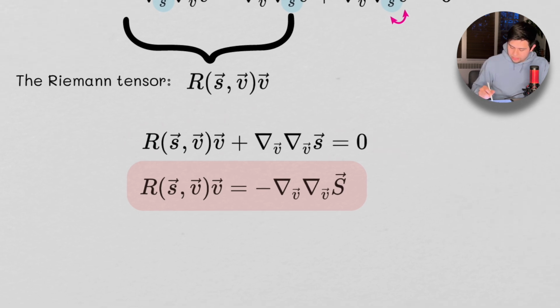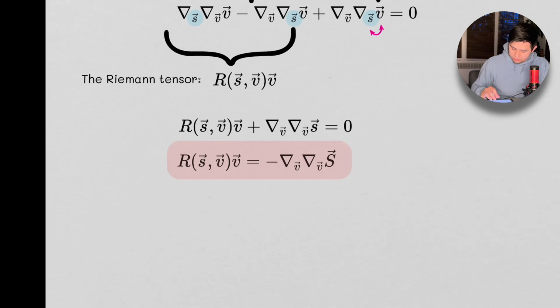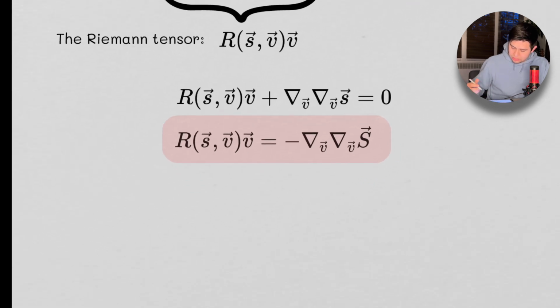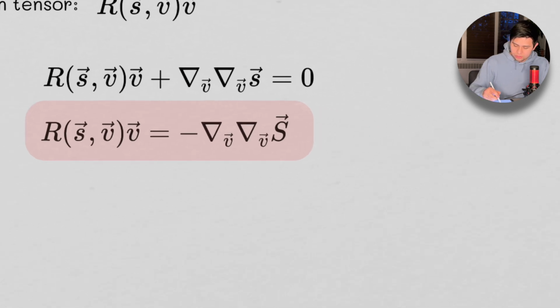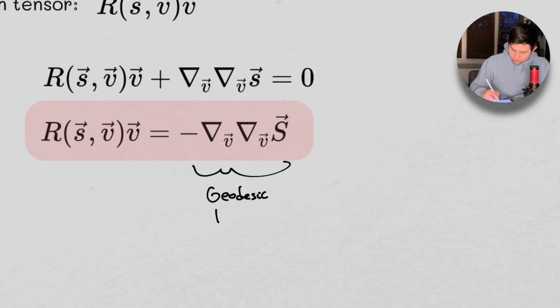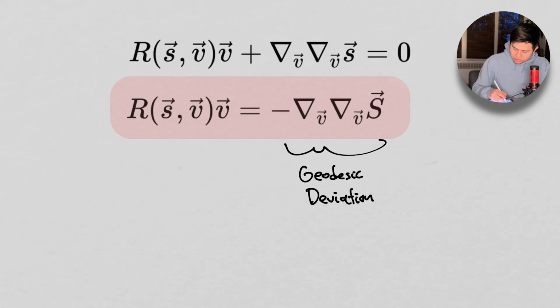And we take this to one side, and we're seeing that the Riemann curvature tensor is actually the double derivative of some geodesic deviation vector. So on one side of this equation, we have geodesic deviation, and on this side of the equation, we have the Riemann curvature tensor.